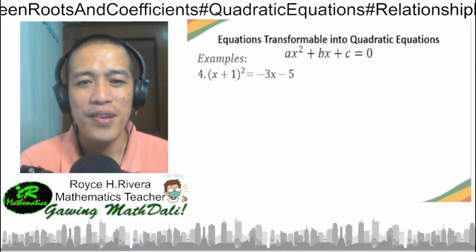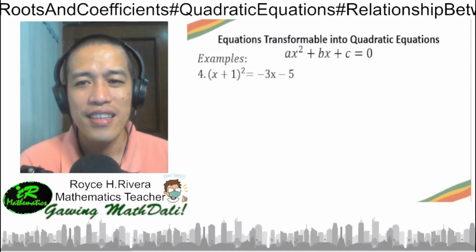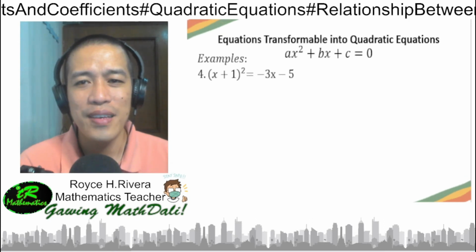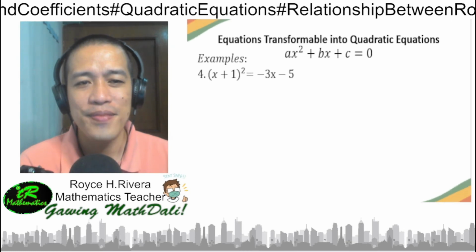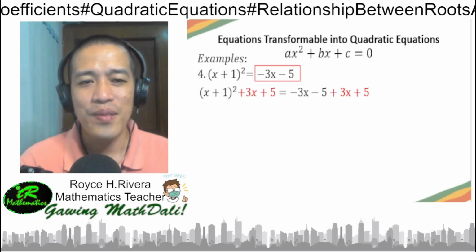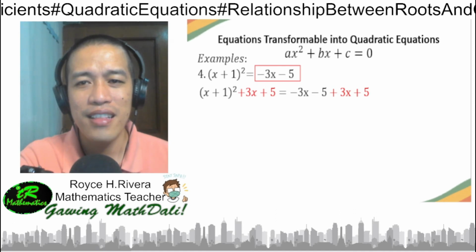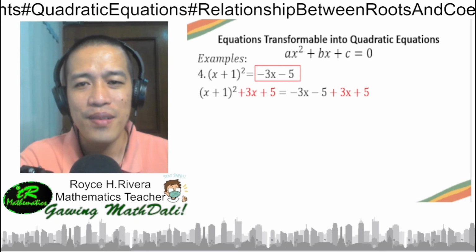Example number 4. Last number. The equation, the quantity x plus 1 raised to 2 is equal to negative 3x minus 5. To transform this, I will add the additive inverse of negative 3x and negative 5 to both sides of the equation.